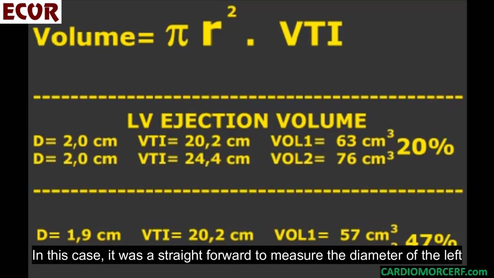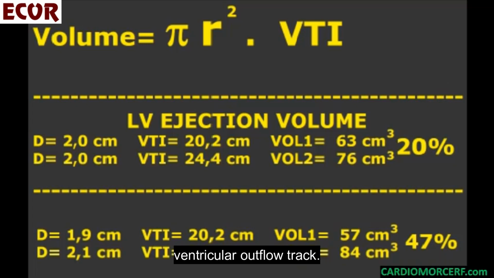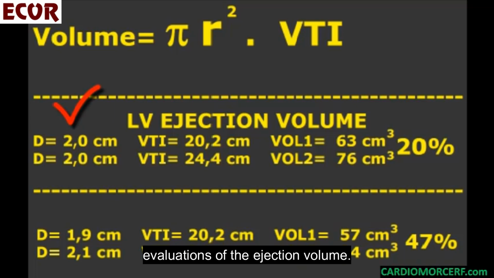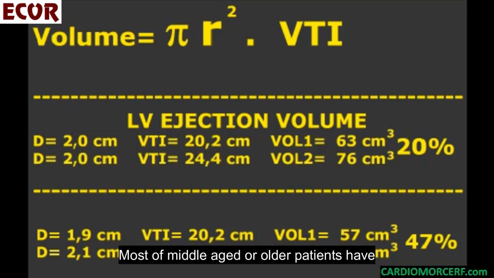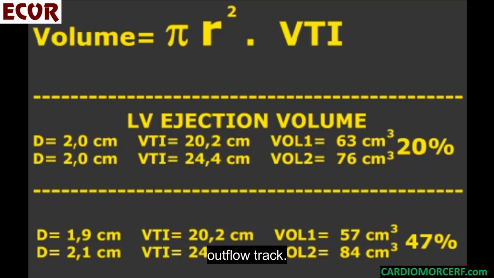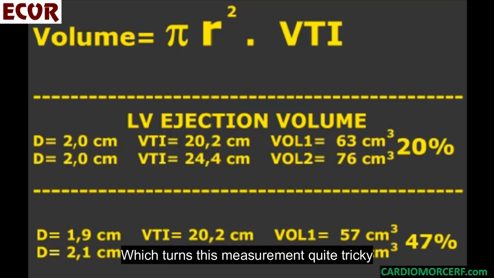In this case, it was straightforward to measure the diameter of the left ventricular outflow tract, and we keep the same value for both evaluations of the ejection volume. However, most mistakes occur in this diameter measurement. Most middle-aged or older patients have calcified aortic valves or angled left ventricular outflow tract, which turns this measurement quite tricky.